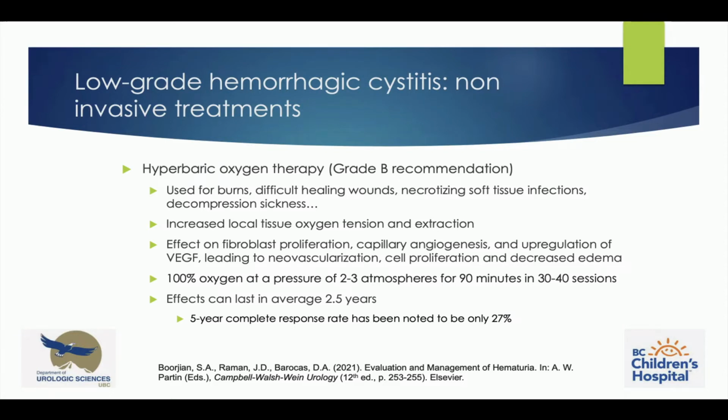So the recipe is 100% oxygen at a pressure of 2 to 3 atmospheres for 90 minutes in 30 to 40 sessions. Effects can last an average of 2.5 years, but the 5-year complete response rate has been noted to be only around 27%.